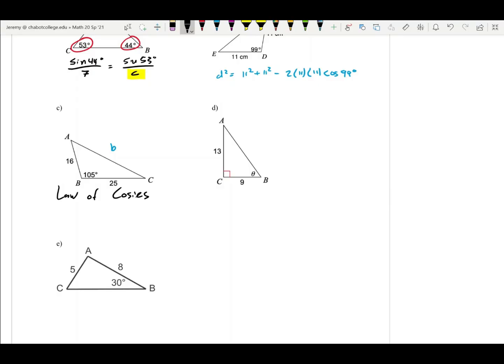Great. So now for triangle D, technically, we do have side, angle, side defined here. So you actually could apply law of cosines here, but hey, it turns out that the law of cosines in this particular case, where angle C is a right angle, is just the Pythagorean theorem.